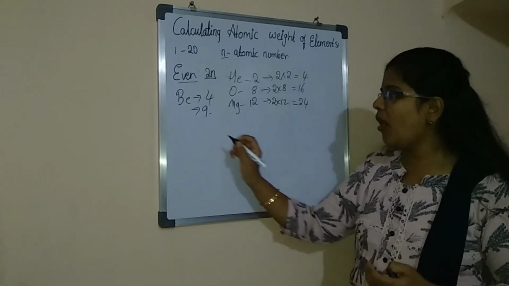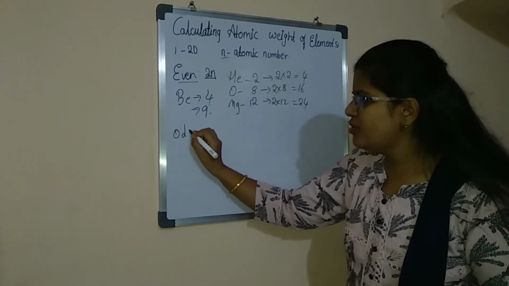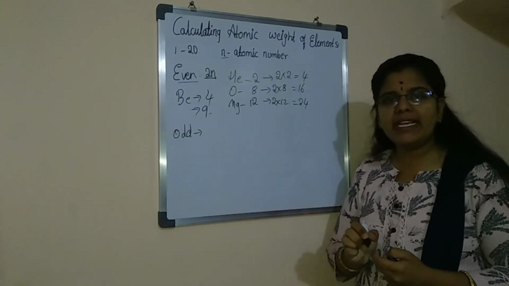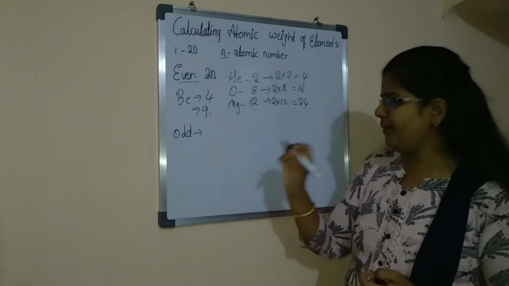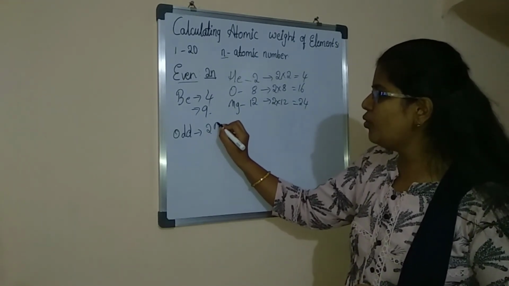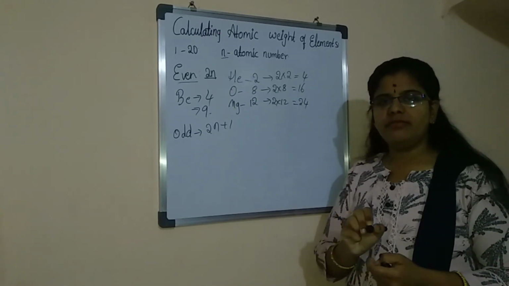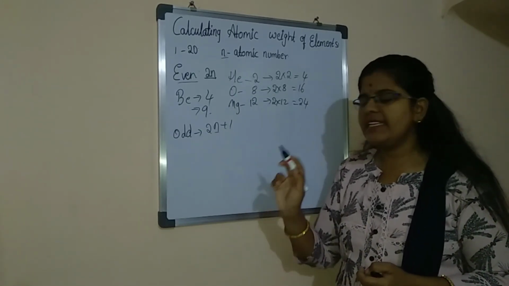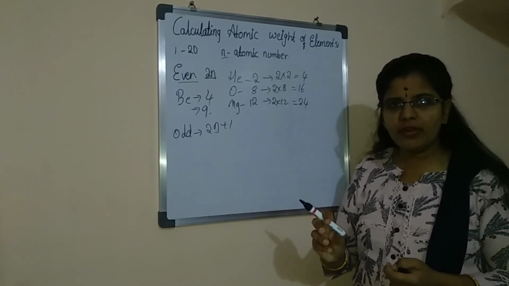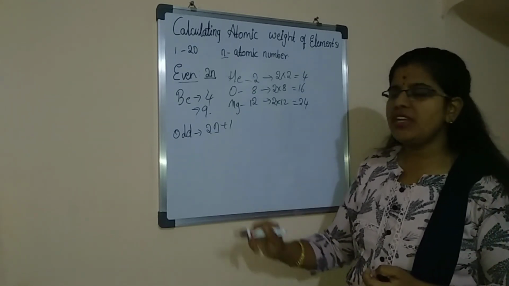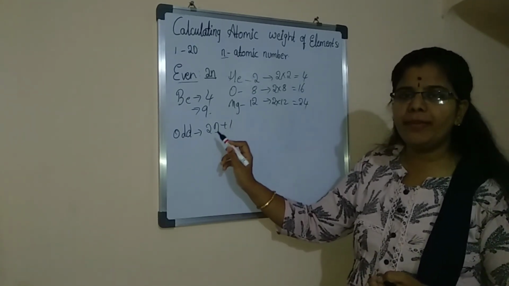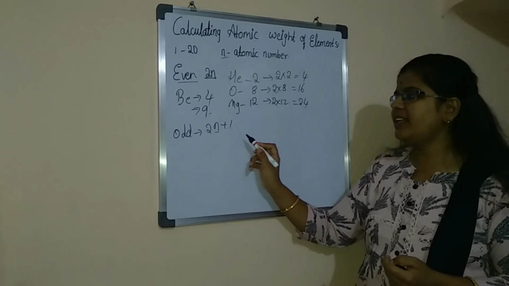Next, coming to the odd numbers. How do we calculate them? Again a simple formula, 2n plus 1, where n is again the atomic number of the element. First we multiply the atomic number by 2 and add 1 to that value.